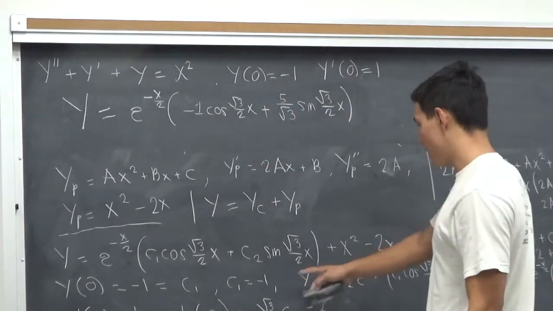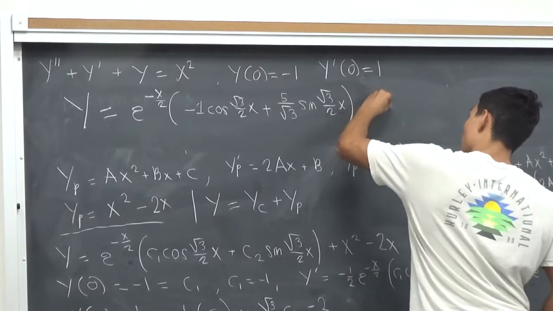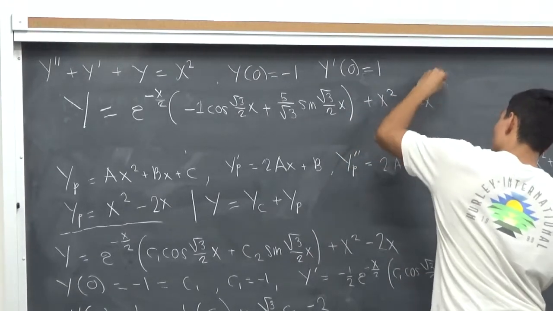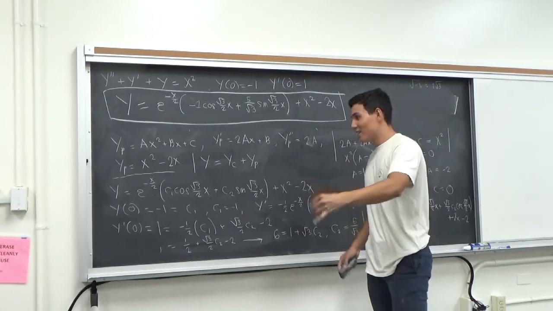And then what's the next stuff? Plus x squared minus 2x. Done.